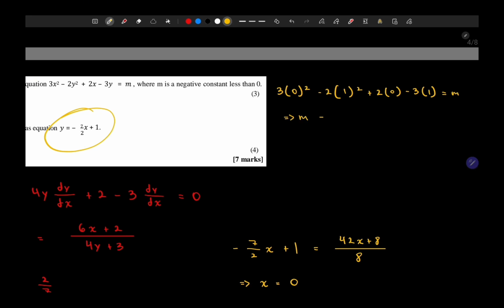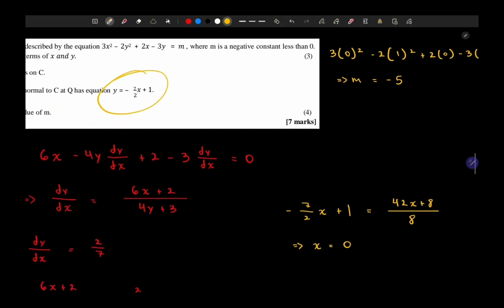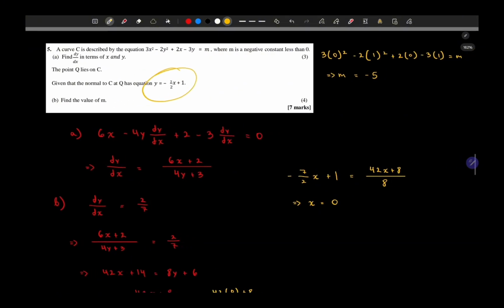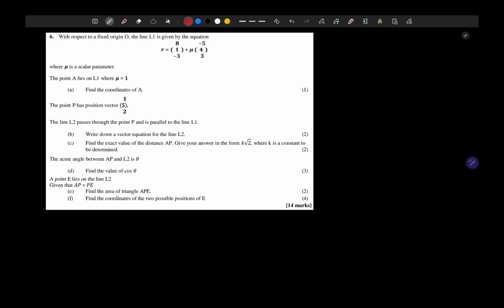So from this we will get the value of m. So the value of m is equals to negative 5. So that is it for this question. Moving on to the sixth question.